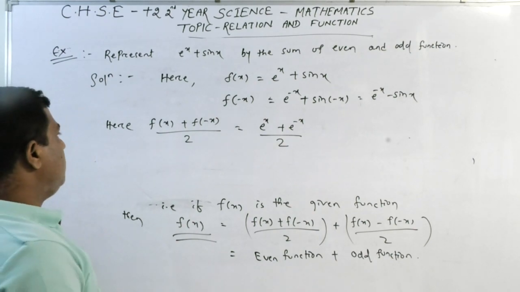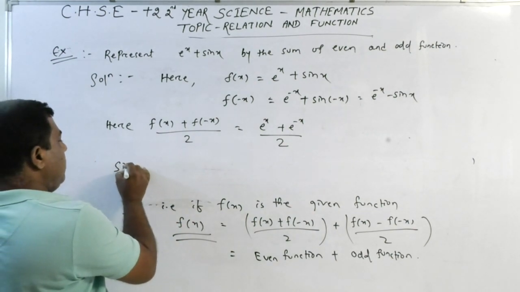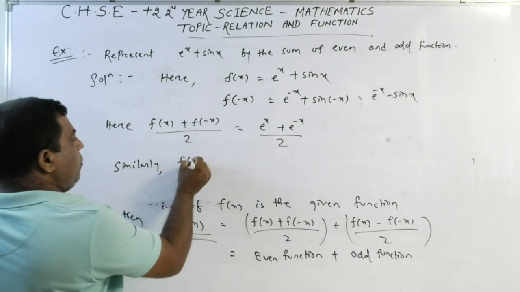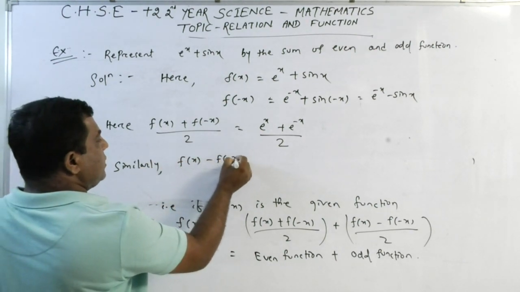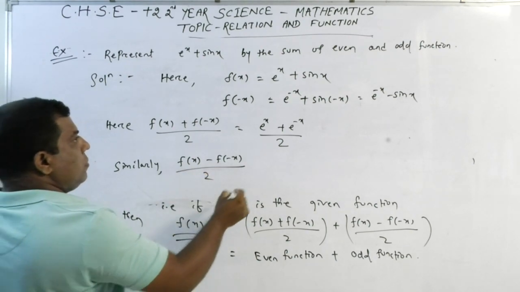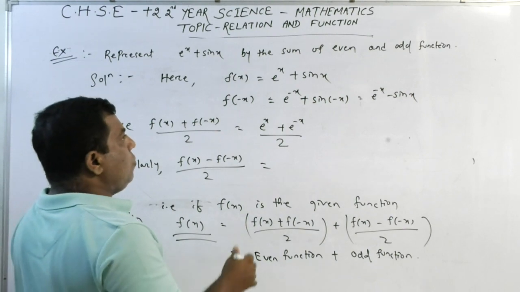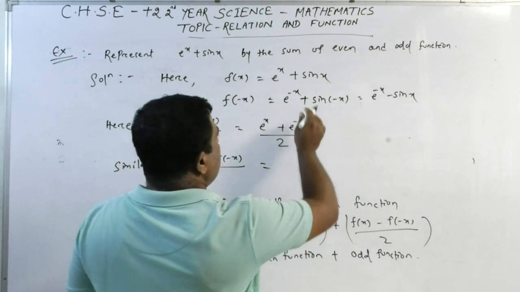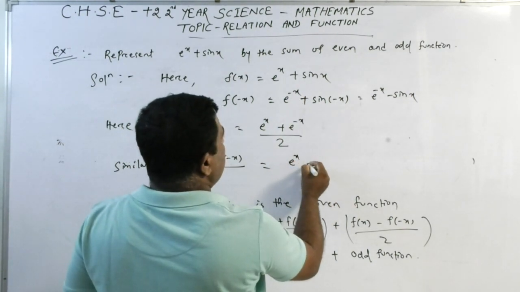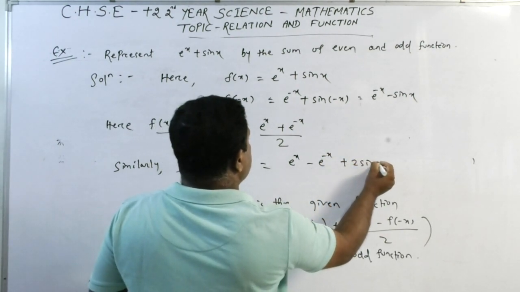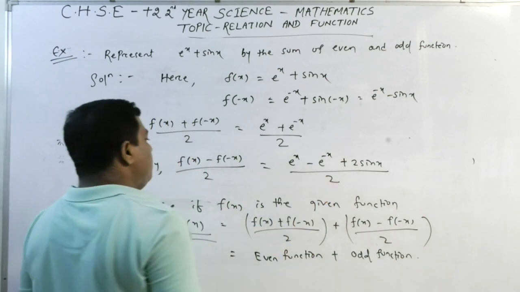Clear? And similarly, what is f of x minus f of minus x divided by 2? If we make the subtraction, we get the result as e to the power x minus e to the power minus x plus 2 sin x divided by 2.